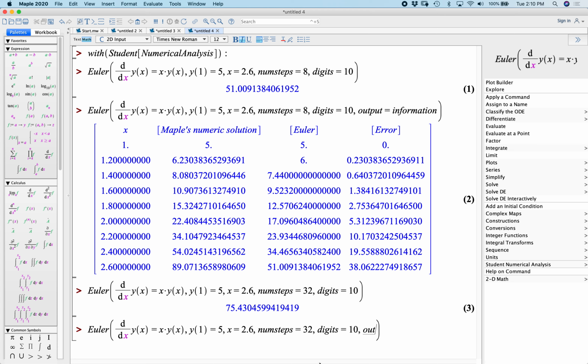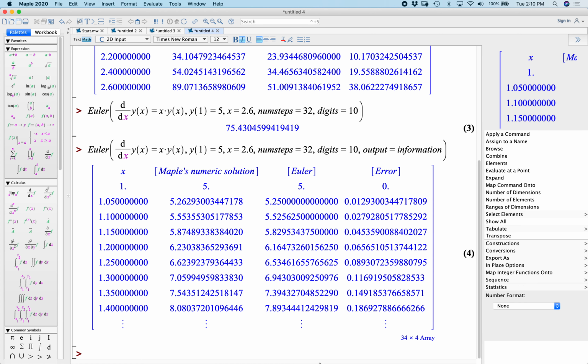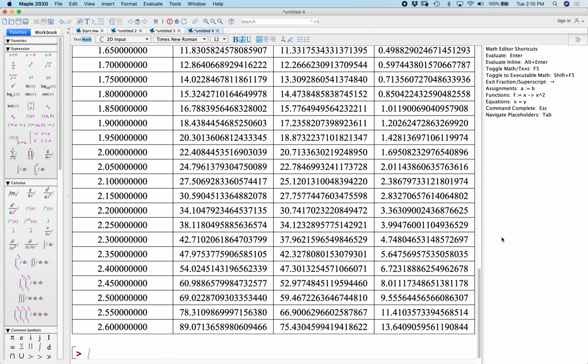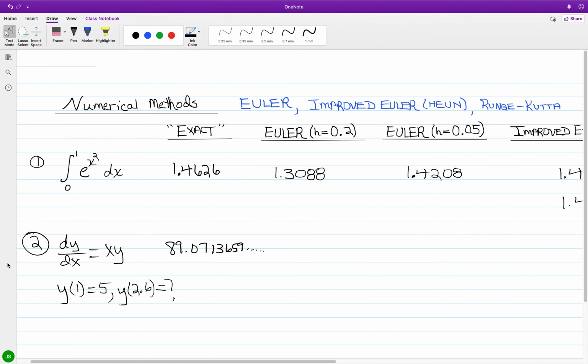And so you can see here with output equal to information, and just taking what we have and placing it in tabular form. I want to go out all the way to 2.6, so going to tabulate default, and we have at the bottom. So with the Euler approach, with the step size of 0.2, we have again far from accurate.